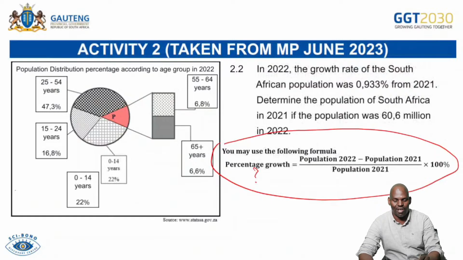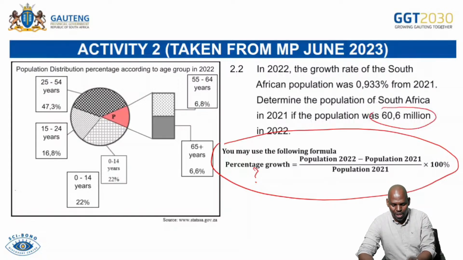No, this one is given. Do we have population in 2022? They say determine the population of South Africa in 2021. So the population in 2022 is actually given, which is 60.6 million.